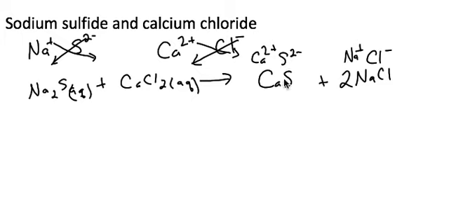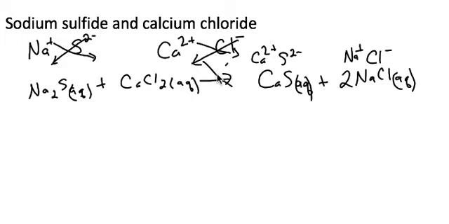So calcium is an exception to the fact that sulfides form solids with metals. So this is going to form simply an aqueous mixture of ions. You know that sodium chloride is aqueous because all compounds with sodium dissolve in water, so this is also aqueous.